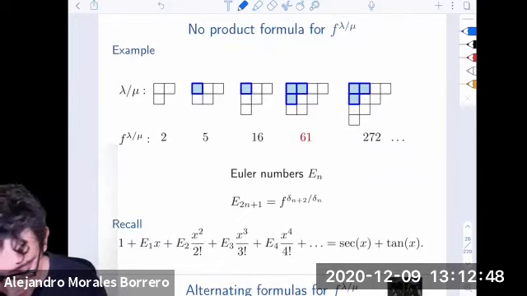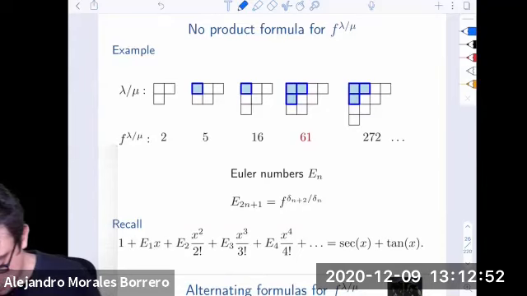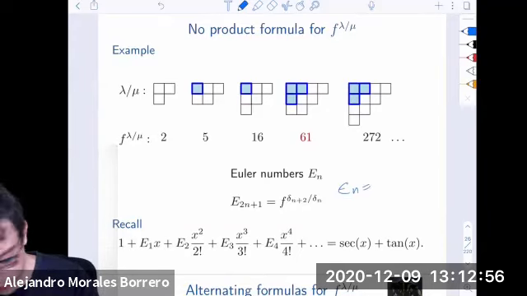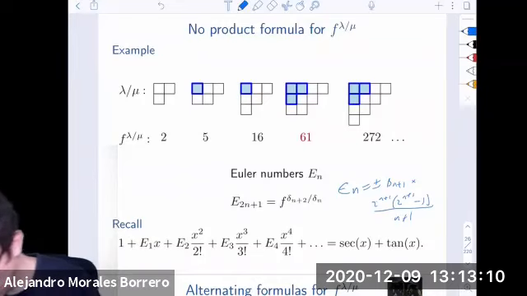If you put them in a generating series, you get secant plus tangent. And maybe a more connection to analysis is that up to a sign and a constant and a nice factor they're equal to a Bernoulli number.